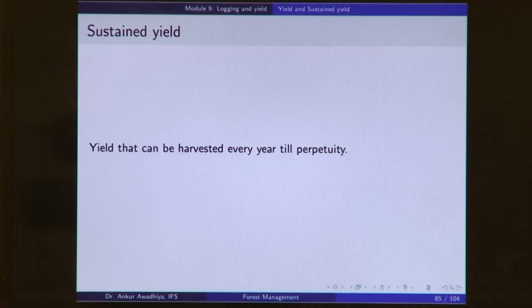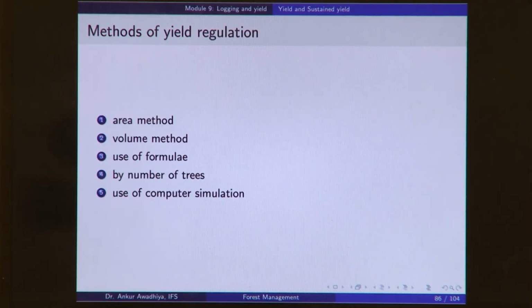So, this is where scientific forestry began. So, sustained yield is the yield that can be harvested every year till perpetuity. This is what they were asking. How much amount can I extract every year in such a manner that this extraction can be done till infinity, till perpetuity. So, to answer this question, a number of methods were developed to regulate the yield.